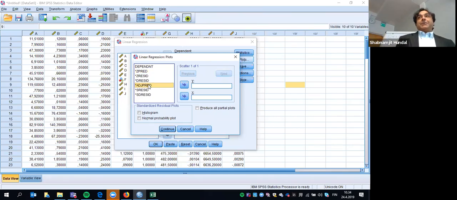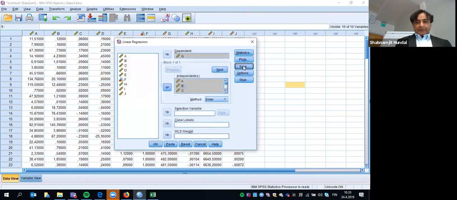Adjusted predicted value. What would be the predicted value of the numbers? And then we have the normal distribution plot. And then nothing else we need, to be honest. We have everything now. And then we click continue.